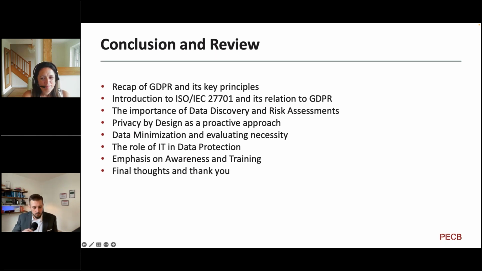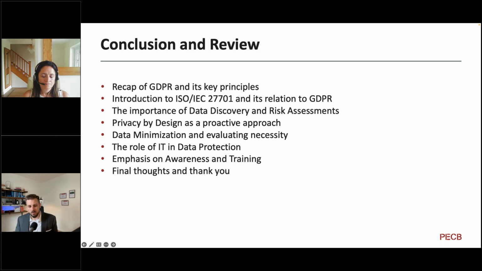I don't think it's that straightforward. I think ISO 27701 can help facilitate the process, but I believe that the first thing you need to understand is what regulation you're going to comply to, which is, okay, GDPR.